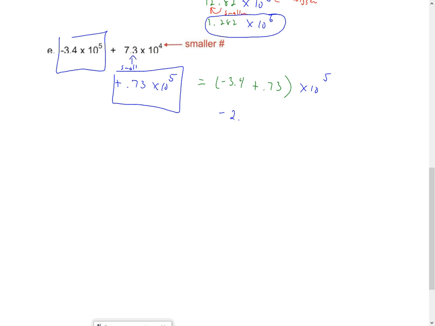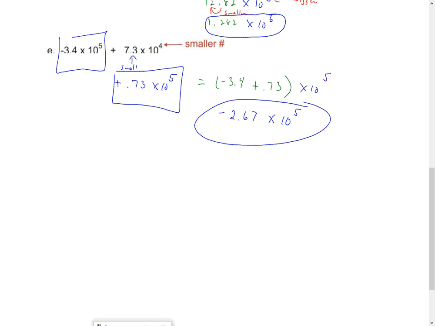I got 0.33, wiped out 0.33, 33 out of 100. How many's left? 67. Again, it's tricky. I'll try to avoid some tricky ones for you until you get your calculator, so you don't have to worry about doing the addition.